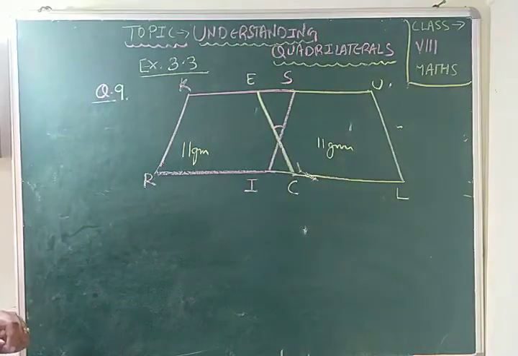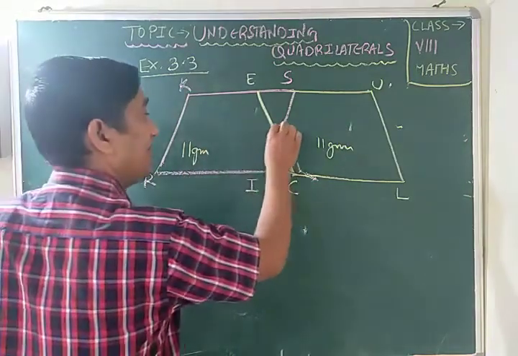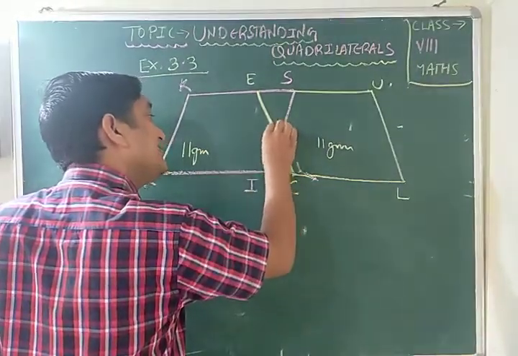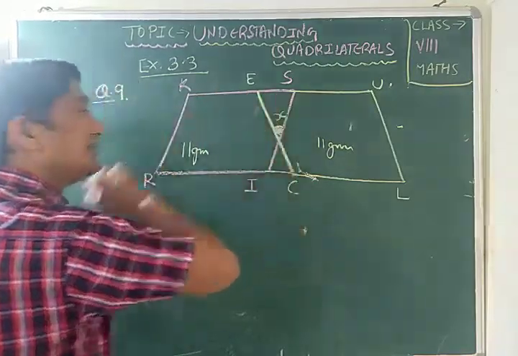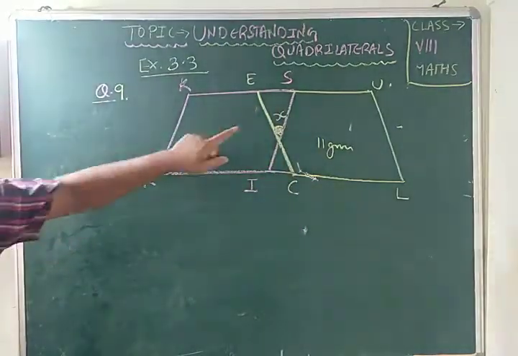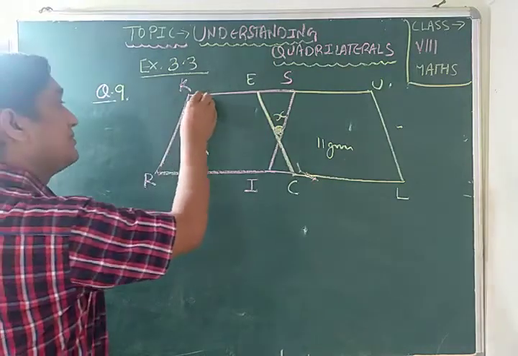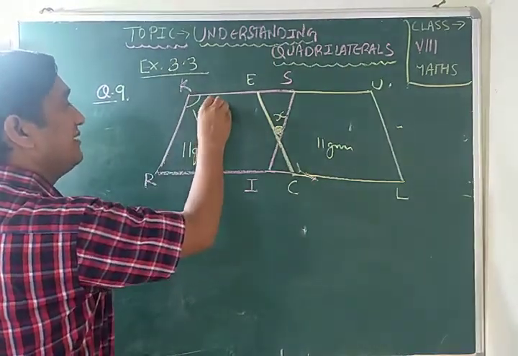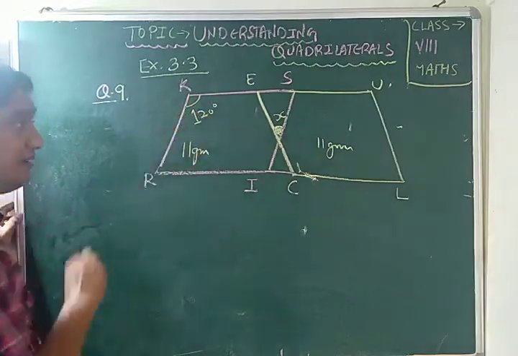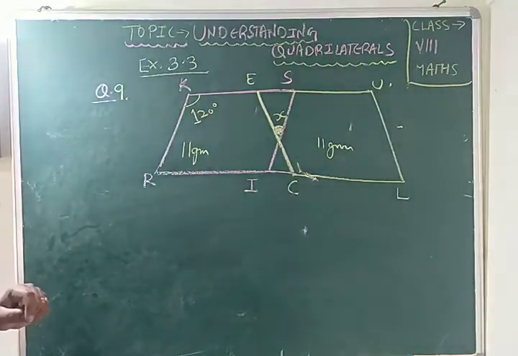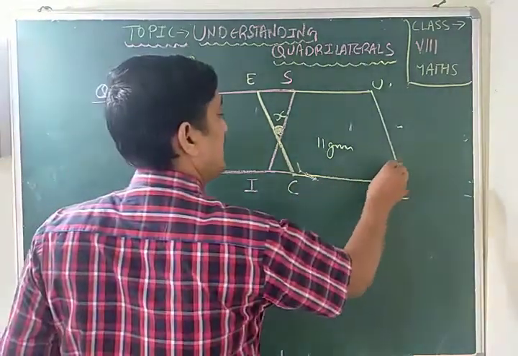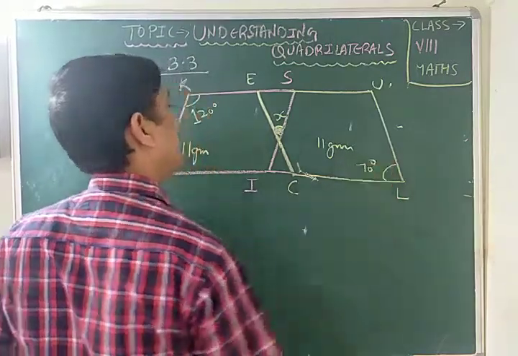Now children, in this figure, we have to find this angle, which is named x. And what else we have here? We have this angle 120 degree, angle K, and this angle is given as 70 degree.